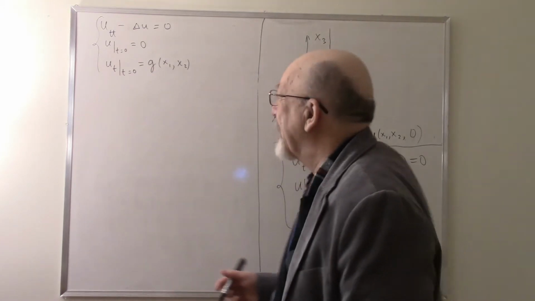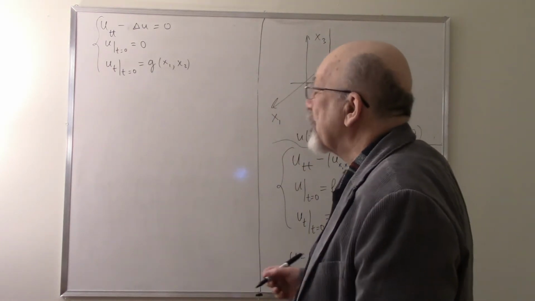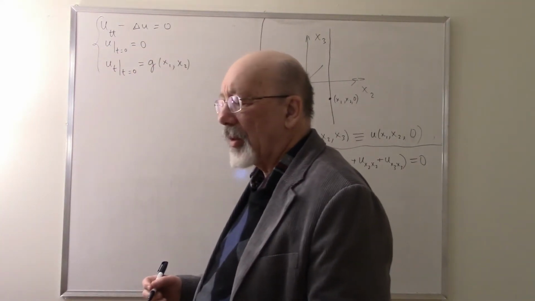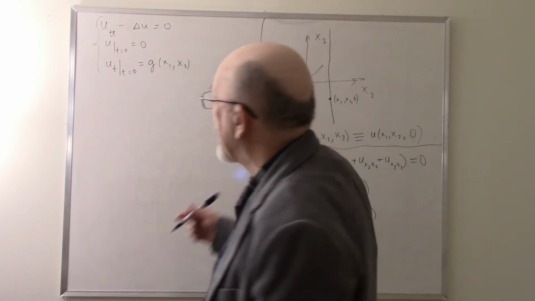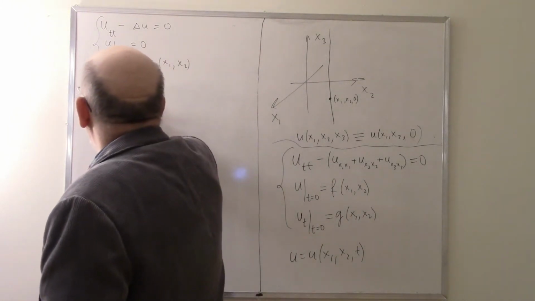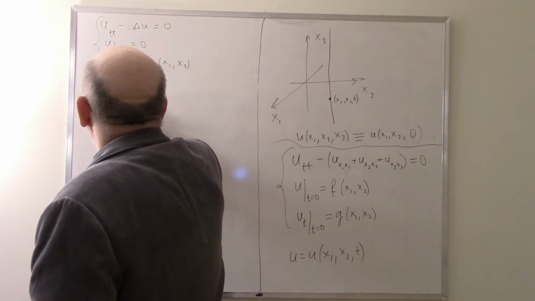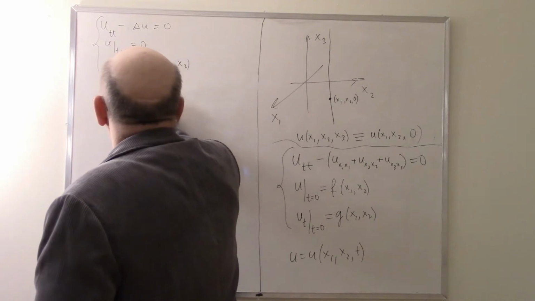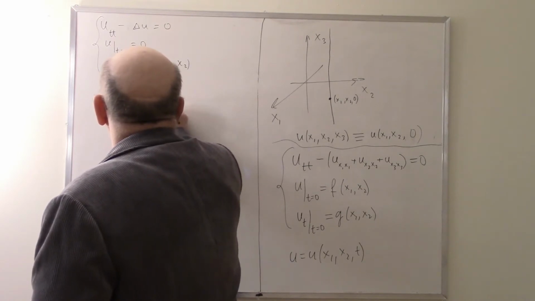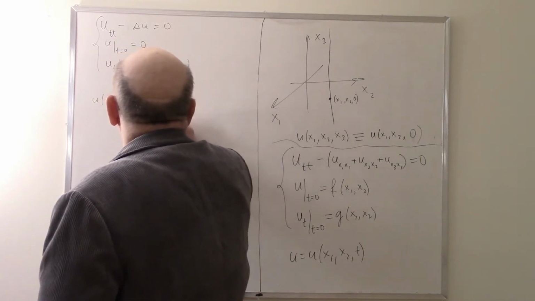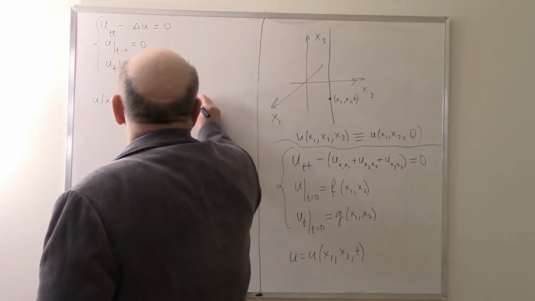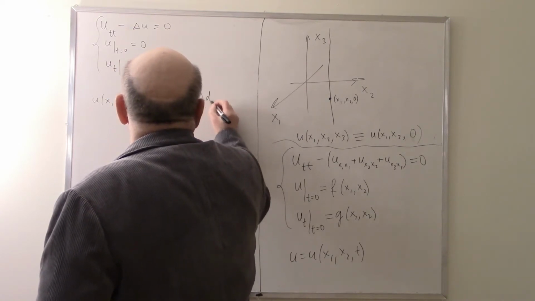Then the solution is given by the same Kirchhoff formula which I wrote last time: u of x, t equals 1 over 4 pi t, integral over y in the sphere S of x and radius t, of g of y dS_y.